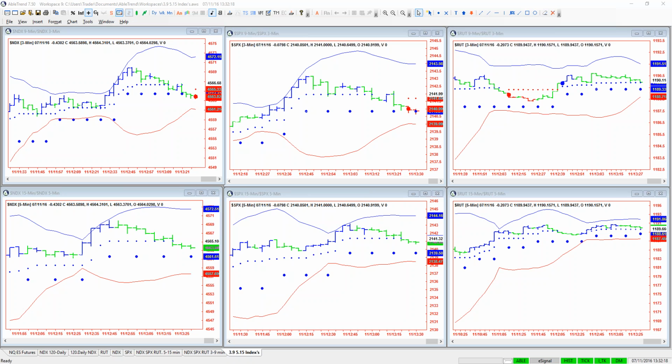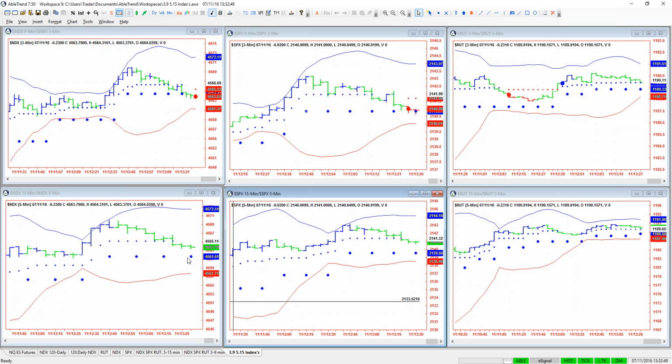But if you look at the charts that Michael has in front of you right now, you see the red dot that's formed on NDX on the 3-9 minute, and that's indicating that there's a possible sell signal. But right below it, you have the 515 chart. So that sell signal is actually a valid sell signal, but if you look at the 515 and maybe you put your cursor down there, Michael, you show where the level of support is.